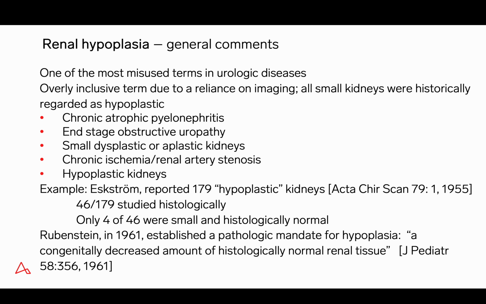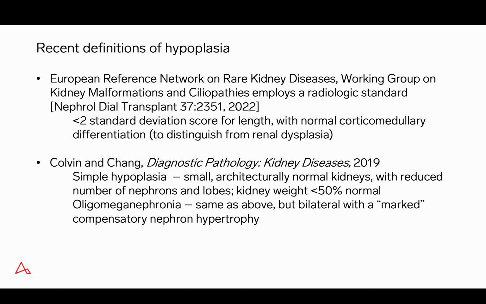Rubinstein in 1961 established a pathologic mandate when he defined hypoplasia as a congenitally decreased amount of histologically normal tissue. There are radiographic and pathologic definitions of hypoplasia.